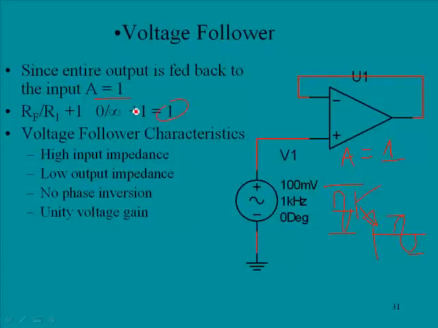That would give us the gain of 1. And voltage followers have ultimately infinite input impedance, exceptionally low output impedance, no phase inversion, and unity voltage gain, which means gain is 1.